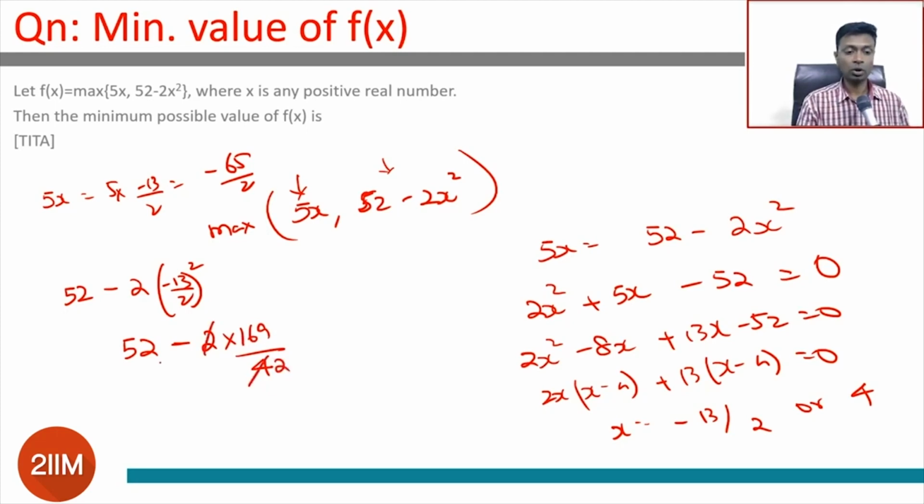This is 52 minus 169 by 2, that should be minus 65 by 2. I need not have done all this, the two values are equal. So when x is minus 13 by 2, we get minus 65 by 2. That is f of x.